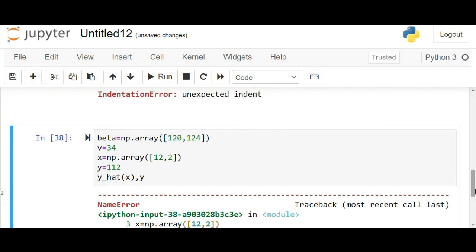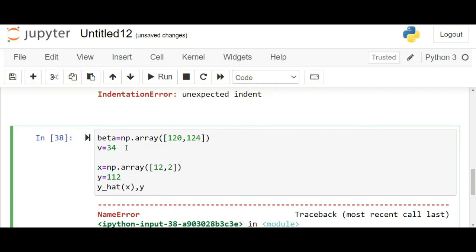So actually we have to define y, so after the value of v we shall define y underscore hat. This is equal to lambda x colon x, the inner product with beta, x with beta plus v.